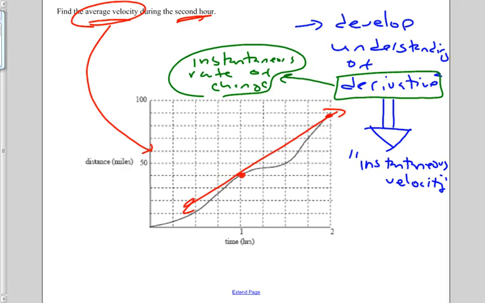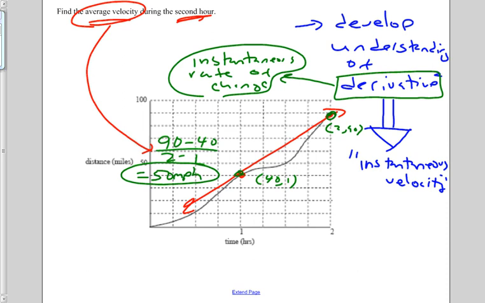So we get the point 90 minus 40 over 2 minus 1. Again, that's coming from the point 2, 90, and the point 1, 40. If we're finding the slope, we find that it's 50 miles per hour.